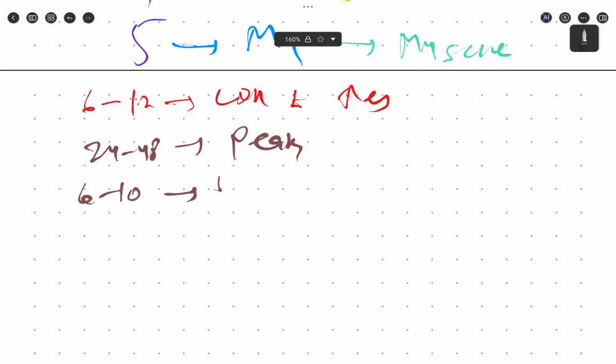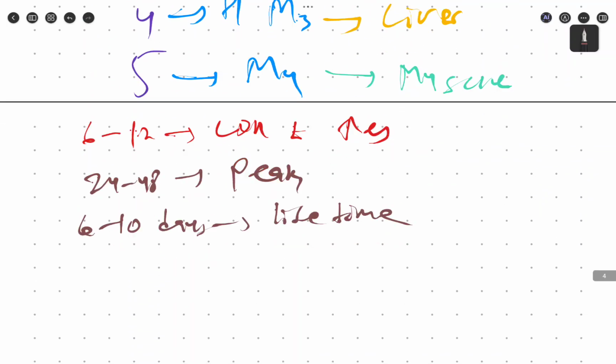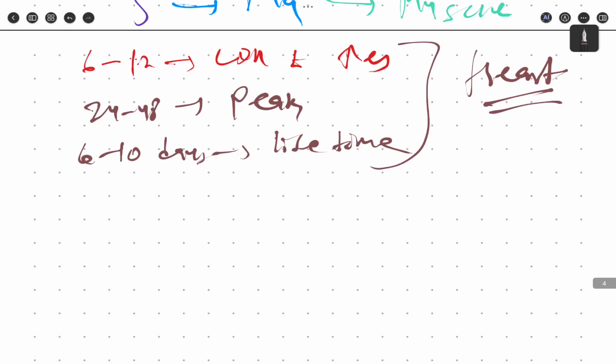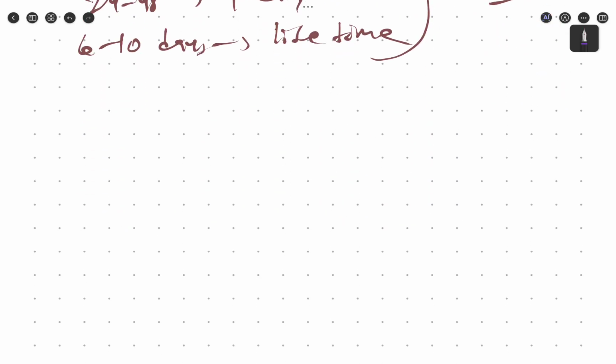All right. So this is the lifetime of this LDH enzyme in different heart conditions. So this is only for heart, and this is one of the main enzymes for the diagnosis of myocardial infarction.